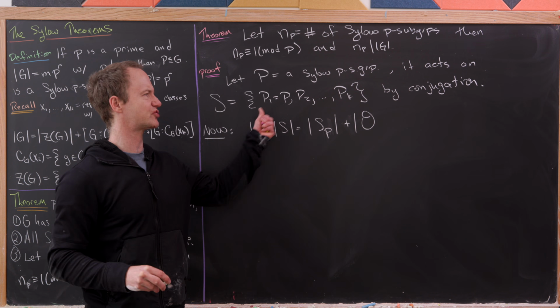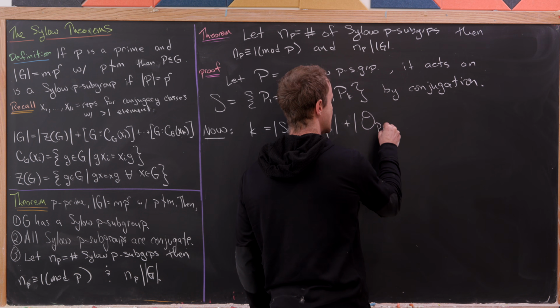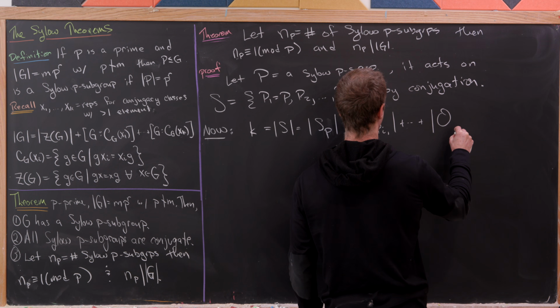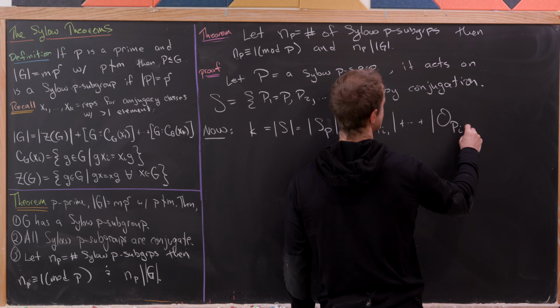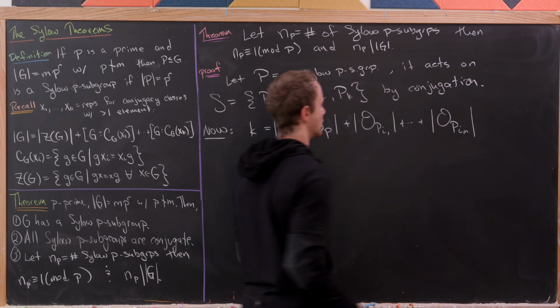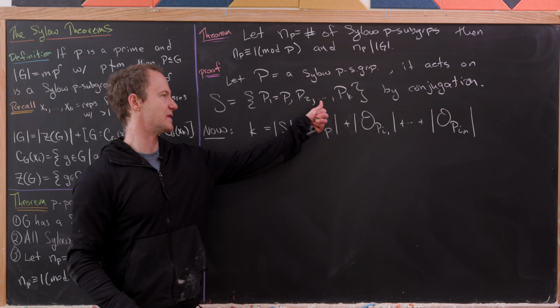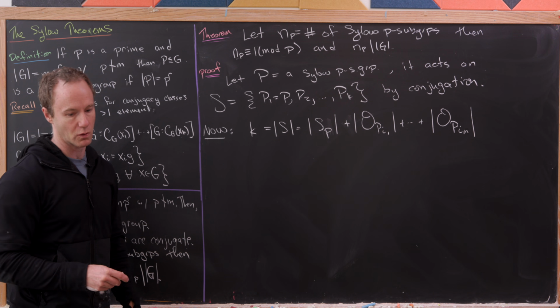So I've got to strangely index these: the orbit of p_i1 plus all the way up to the orbit of p_im, where those p_i1 up to p_im are from this list right here. They're representatives for each orbit.